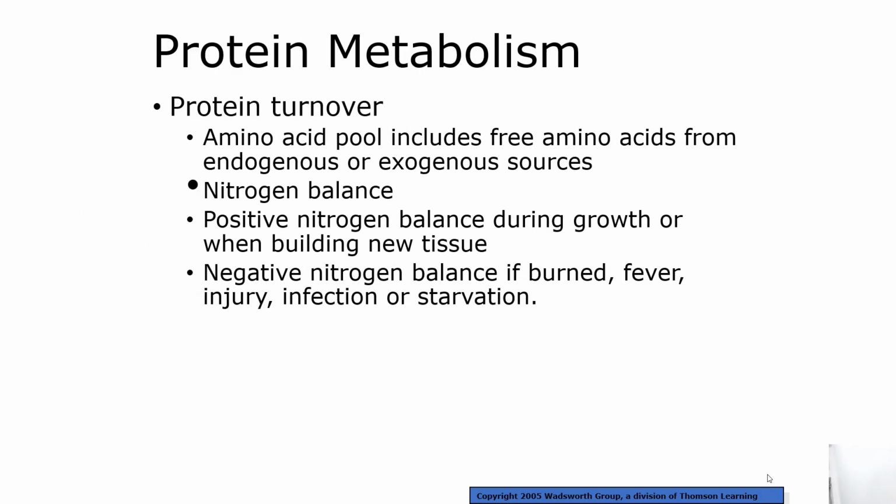Protein turnover: the amino acid pool includes free amino acids from endogenous or exogenous sources. Nitrogen balance is positive during growth or when building new tissue. Negative nitrogen balance occurs with burns, fever, injury, infection, or starvation, and all of that.